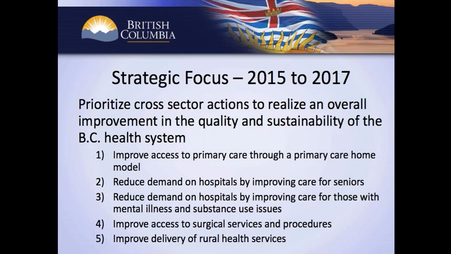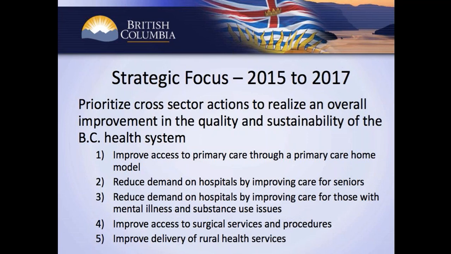I want to begin with reminding people, for those of you that have been on previous webinars and for those of you that are new to this process, that the Ministry of Health and Patients as Partners has 5 strategic areas that cross sectors that they are focusing on from 2015 to 2017. You'll see them on the screen here.